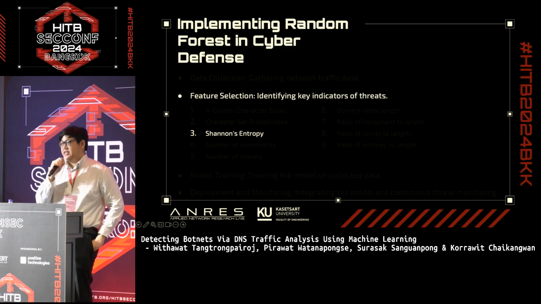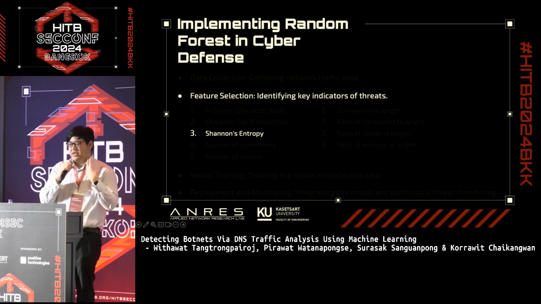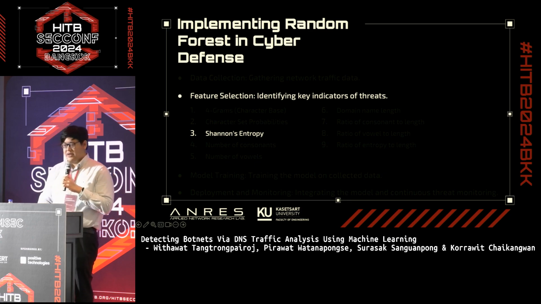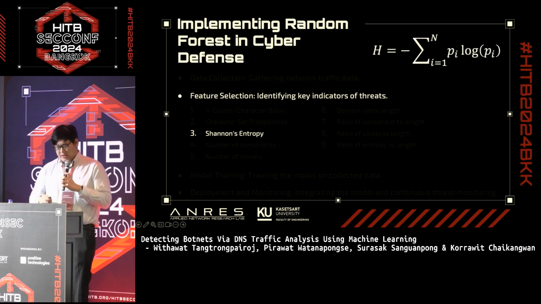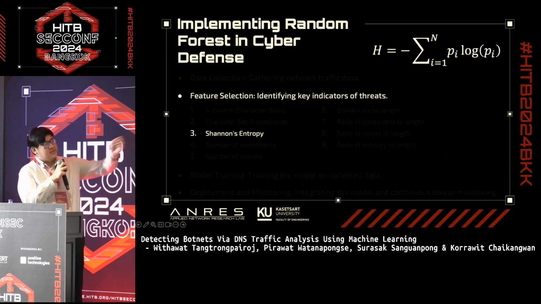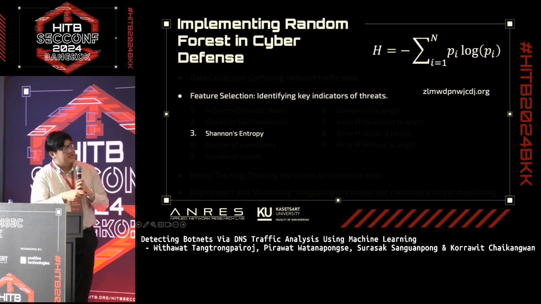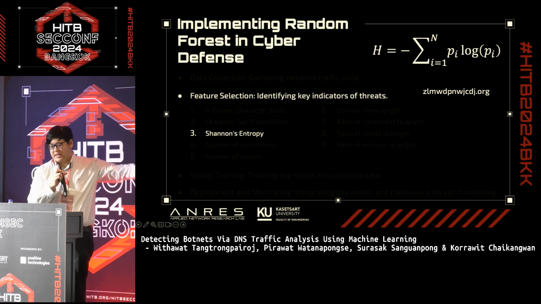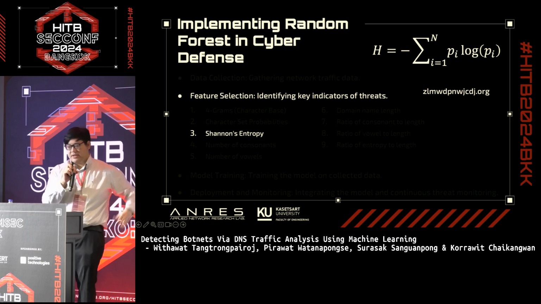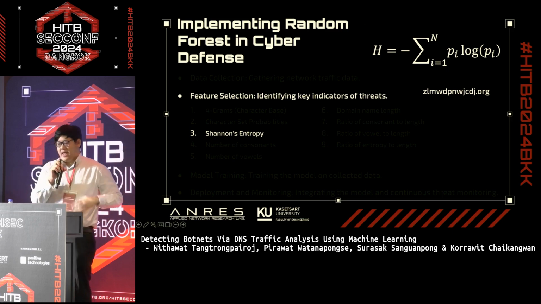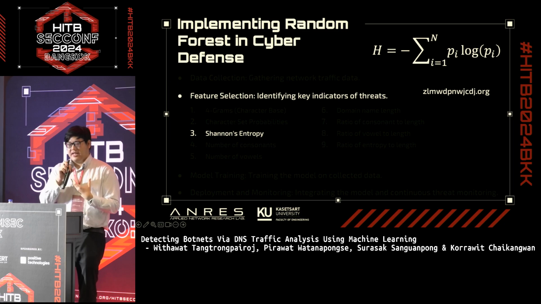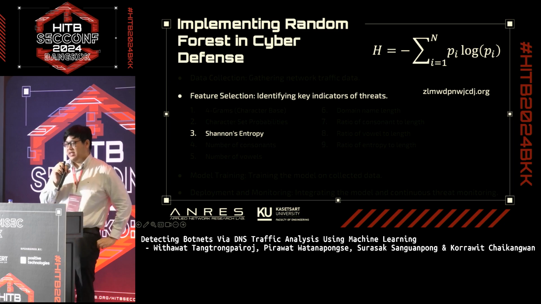Another essential feature is Shannon entropy, which is a measure of the randomness of the domain name. The formula is on the slideshow. That is how we figure out the entropy. Domains with high entropy, like the first example, often look random and are likely generated by DGA.